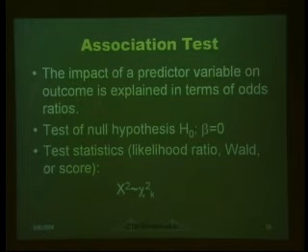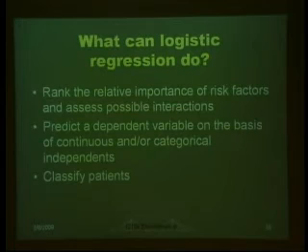You can also test several factors simultaneously. If I think age and gender are both risk factors, I want to test if they both contribute something. You can test several risk factors together, and most often you get a chi-square with k degrees of freedom, where k is the number of risk factors you want to test.